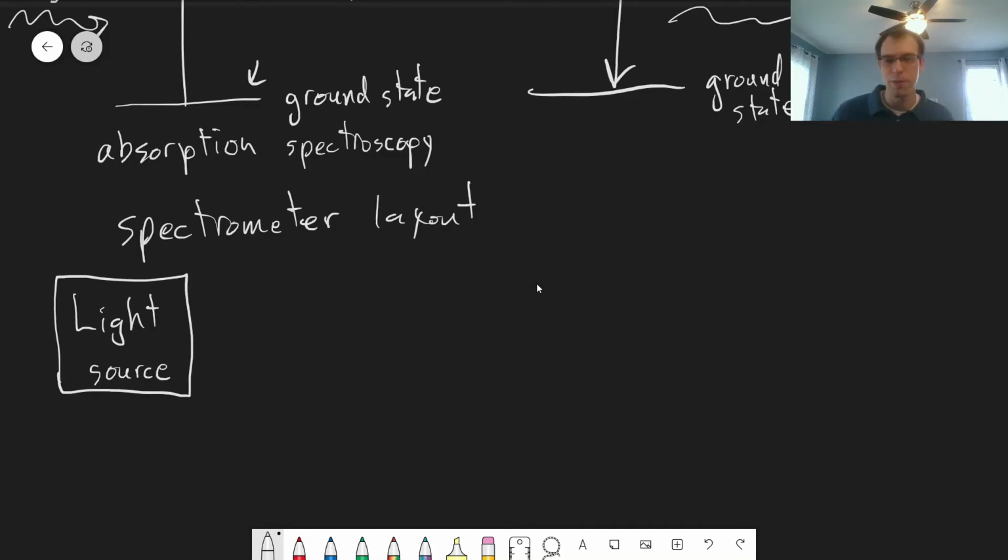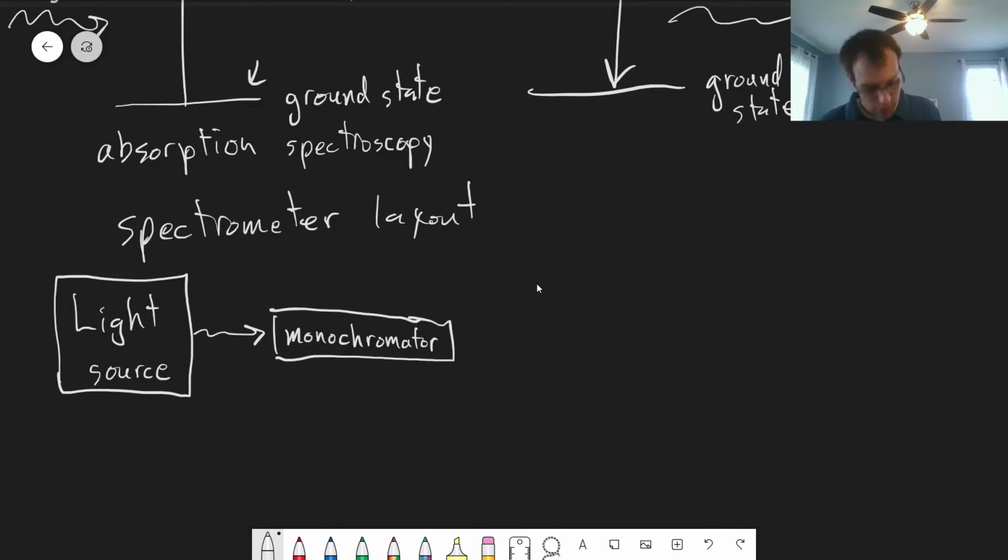In an emission experiment, the light is provided, you sometimes need a light source. It depends exactly what you're doing. That light will get sent out. We will pick a specific color of light using something known as a monochromator. All right, so that selects a specific wavelength, or we can say frequency or color.